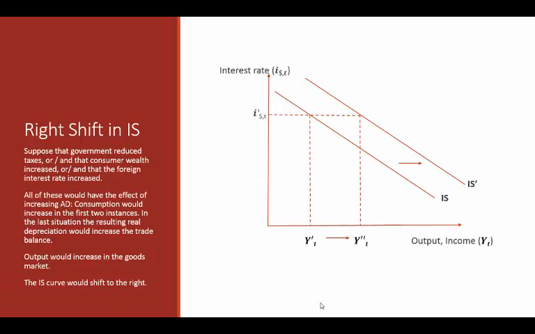We depict this here. If, for example, the level of government spending is increased, then the IS curve shifts out from IS to IS'. The result is that at the same interest rate, output in the economy is now higher at Y'' instead of Y'.